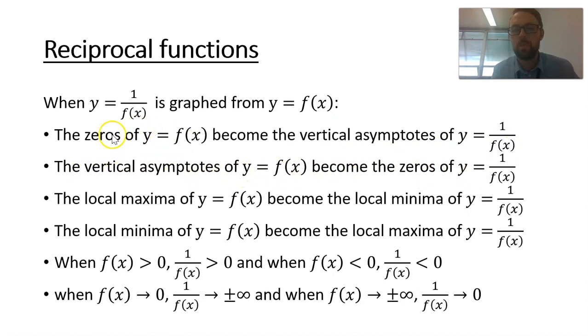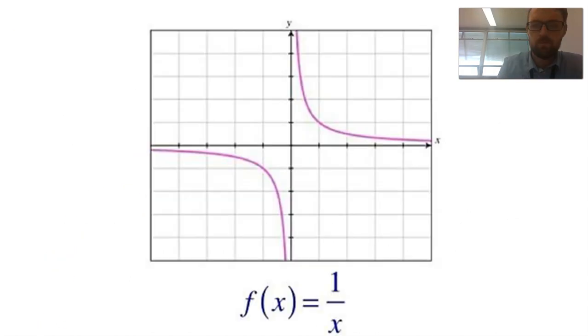So we're just going to swap them. That's when I said we've got 6 rules, but really we only have 3. If you've got a 0 in a function and you find the reciprocal, that becomes the asymptote. Or if you've got an asymptote, those then become the zeros. I'll show you what I mean.